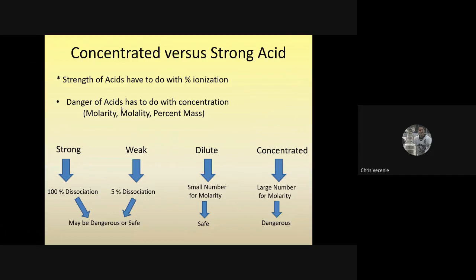Concentrated and dilute have to do with danger and the molarity of the substance. The more acid that's dissolved, the more dangerous it becomes, the larger the molarity. So dangerous things tend to be concentrated things, and dilute things tend to be safer things.